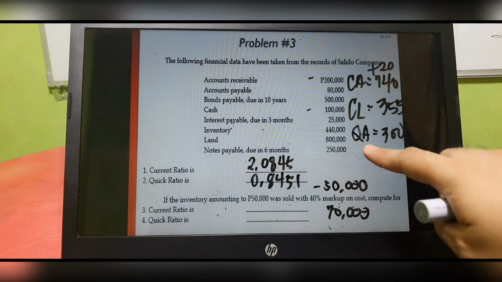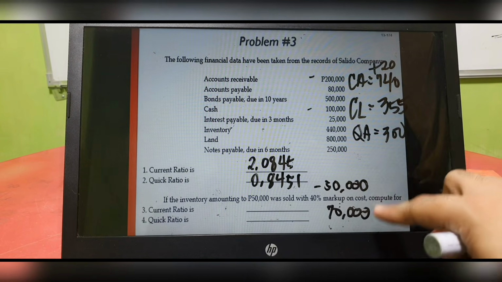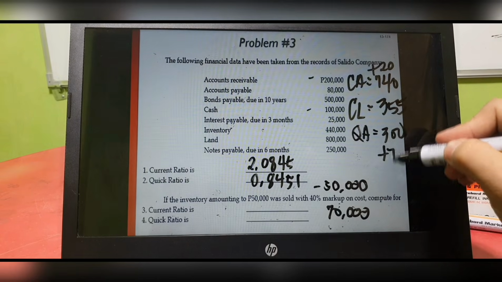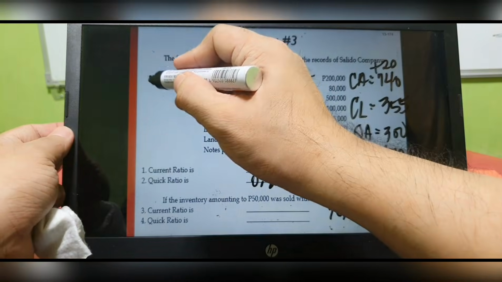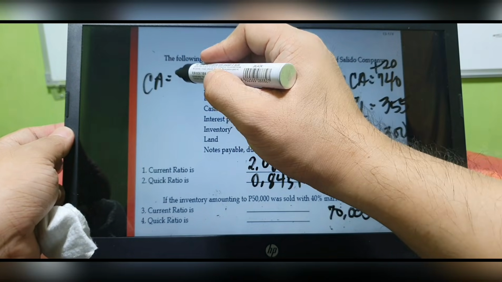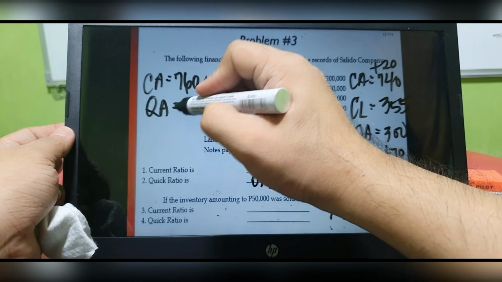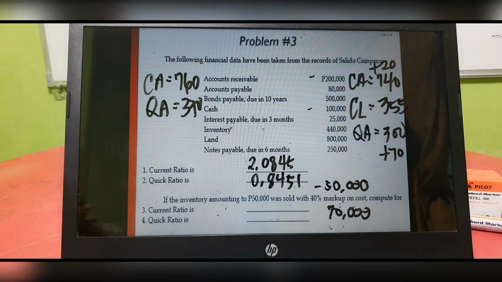How about the quick asset? Affected ba? Affected because nadagdagan tayo ng cash na 70. So, plus 70,000 si quick asset. So, ang bagong current asset natin ay 760. Ang bagong quick asset natin ay 370. Wala namang nagbago sa current liabilities natin.